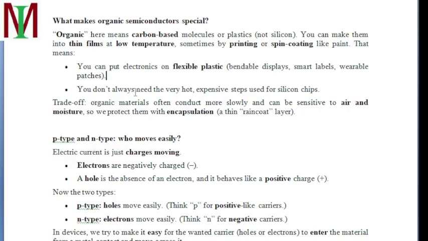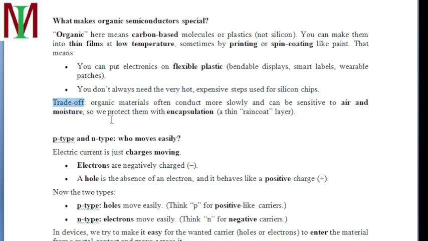You don't always need the very hot or expensive steps used in silicon chips. Silicon chip manufacturing needs high temperature. The method of making silicon chips is very expensive compared to simple printing, coating or painting.